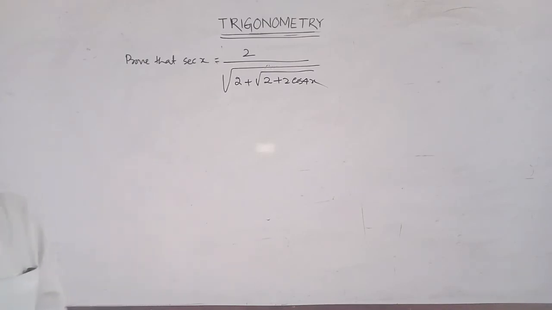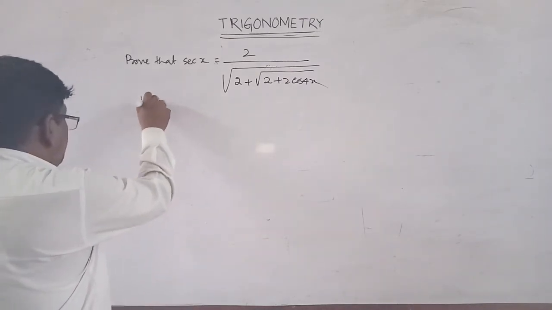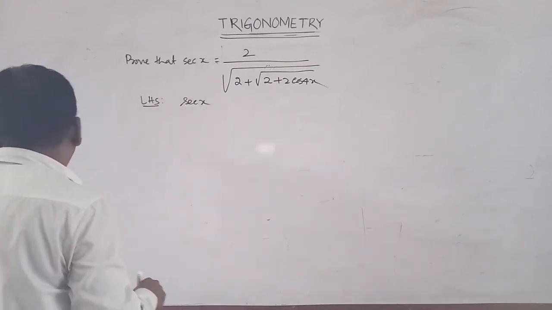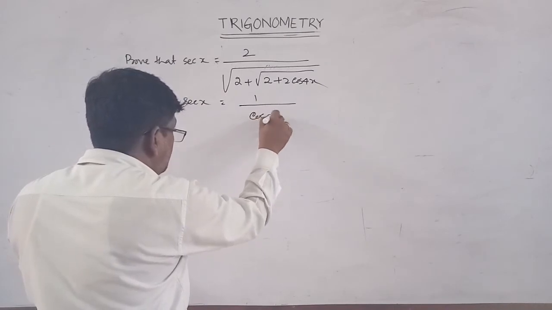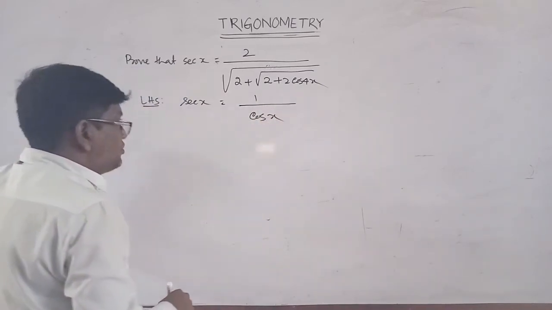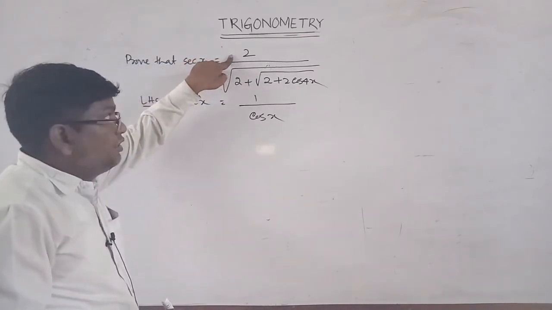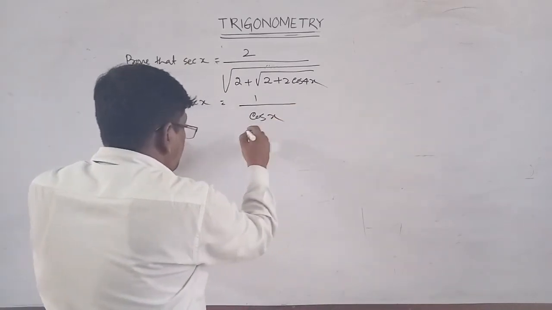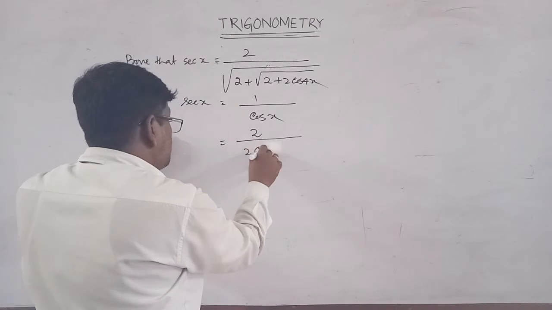Now left hand side, that is sec x, or sec x can be written as 1 by cos x. Okay, so in the numerator 2 is required here, so multiplying by 2 we get 2 by 2 cos x.